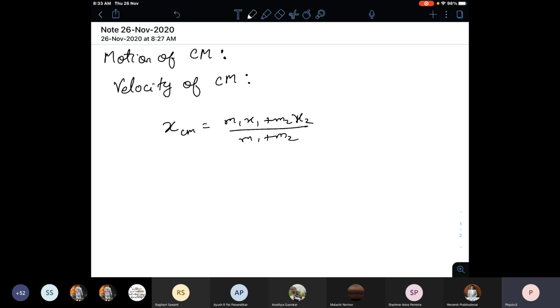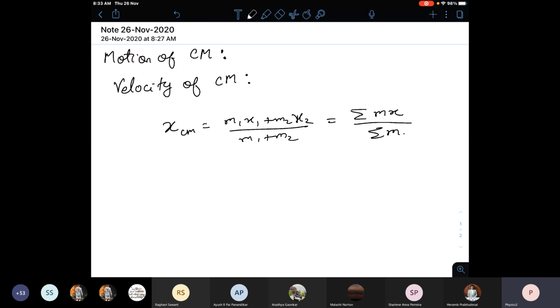This is for two objects, so we can write it as summation of mx, summation of mass into its x coordinate, by summation of mass. This is what we were writing earlier, or for continuous objects, it becomes integration. We have seen that.